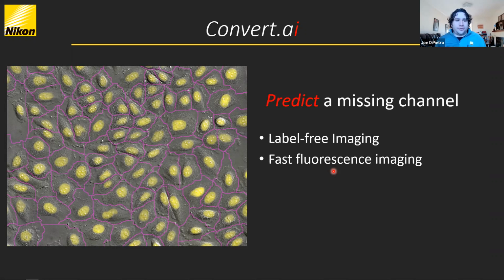The way you do this is you take images in DIC or phase with cells that are actually labeled, and you train the network. Then you can do your experiments with just the unlabeled cells, and Convert.ai will predict the position of where the DAPI label would be, based on super high dimensional features in the image that it determines using the neural network.